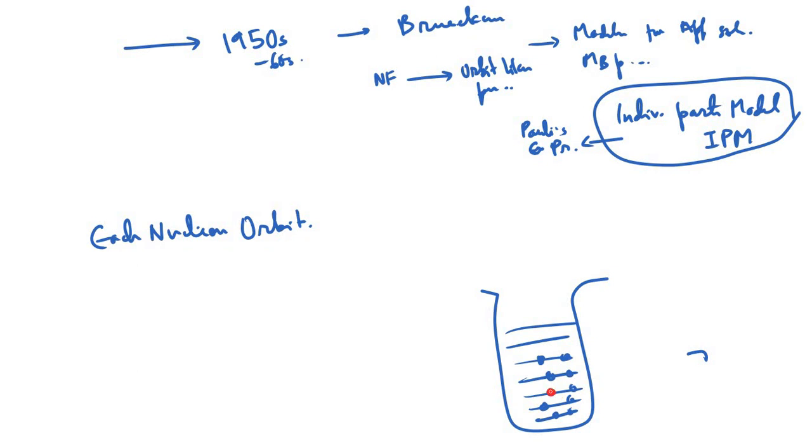Now if I say that this nucleon will undergo collision with this nearby nucleon, then where will it go? Because Pauli's exclusion principle forbids two nucleons from having the same quantum numbers. So where will they go after collision? There are no unfilled states to go to after the collision.